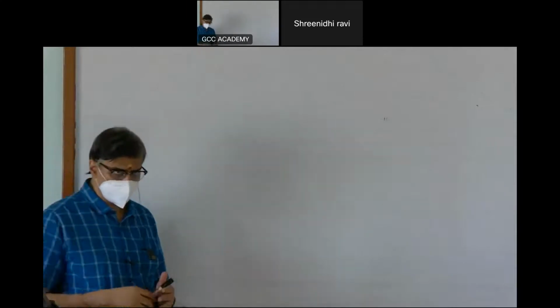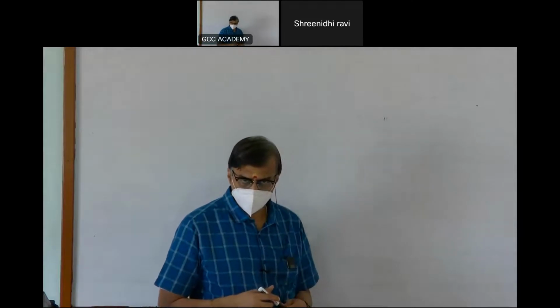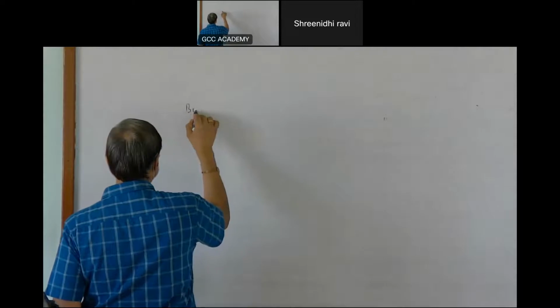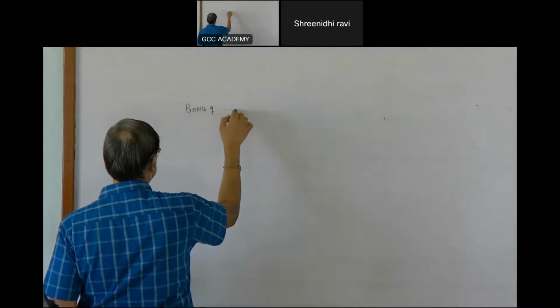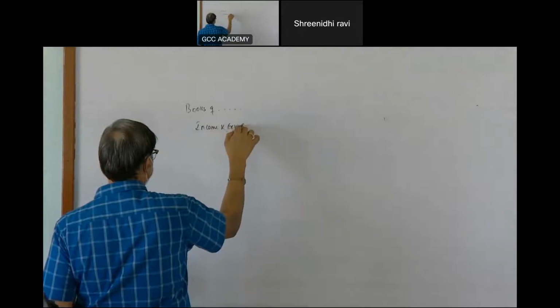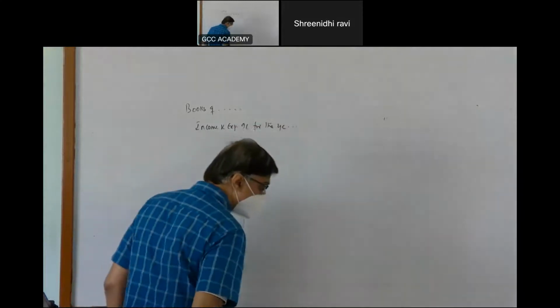So, very good problem. Again, from receipts and payments account, we are supposed to prepare what? Income and expenditure account, for the year ended.